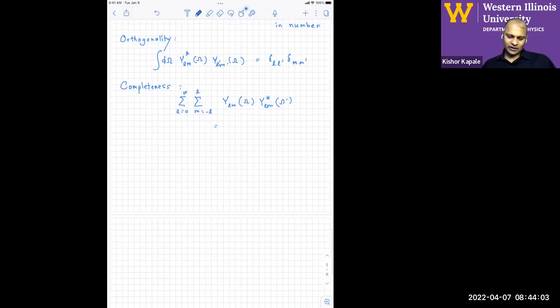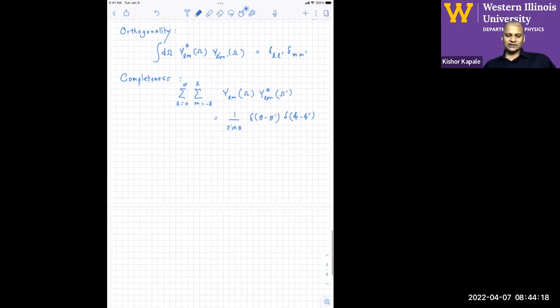And that will turn out to be a function of theta and phi. It turns out to be sine of theta, delta of theta minus theta prime, delta of phi minus phi prime. Here omega prime is theta prime and phi prime. Okay, so that's how the completeness looks.